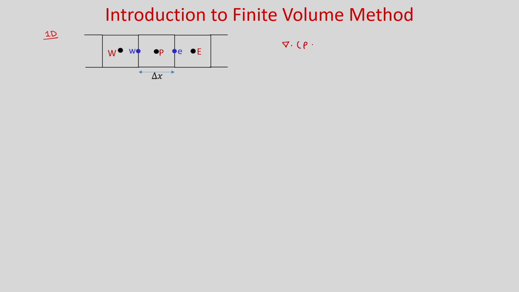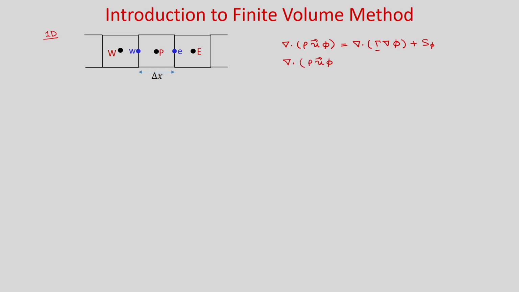divergence of rho u phi, okay, is equal to divergence of gamma grad phi plus some source term S phi. Okay. So, now you can rewrite it as divergence of rho u phi.